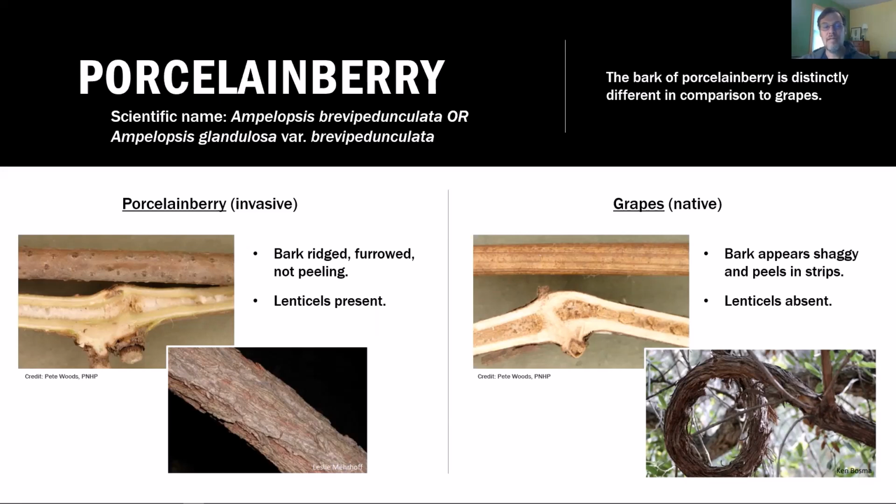Also, the porcelainberry pith is continuous throughout the inside of that vine, whereas the grapevine pith is discontinuous: where there's a node, that's a branching point in the stem, the pith will stop and it will be solid wood for that short interval. So it looks a lot like grape from a distance, but when you get up close, there are differences.